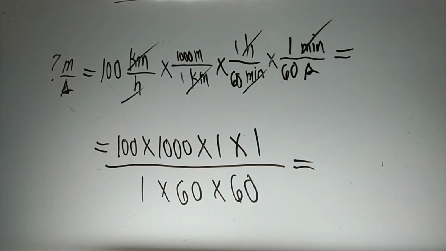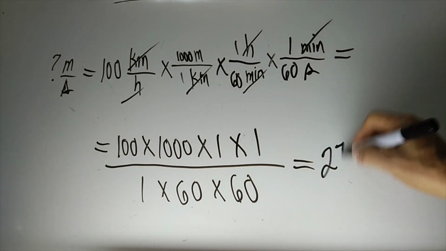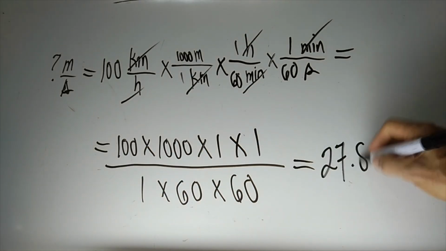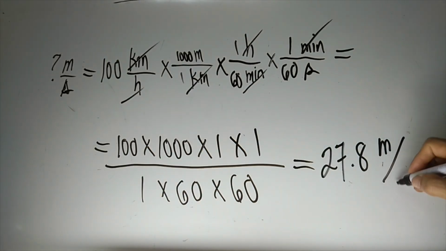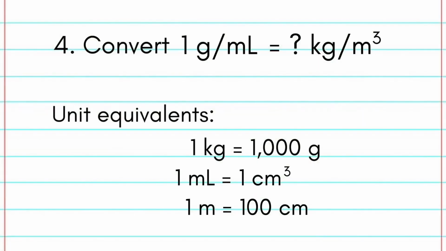Okay, so using your calculator, you should get the answer of 27.8 meter per second. Let us now proceed to problem number 4. Convert 1 gram per milliliter to kilogram per cubic meter.